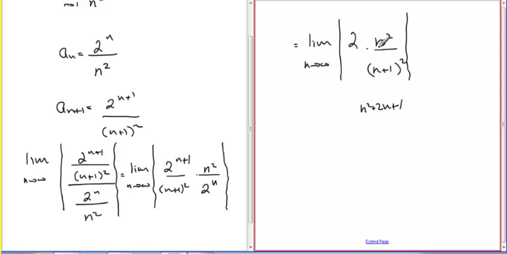So this part will become 1. So we get 1 times just the number 2. The answer is 2. So since the limit as n goes to infinity of the absolute value of the ratio of a sub n plus 1 over a sub n equals 2, which is greater than 1, the series diverges.